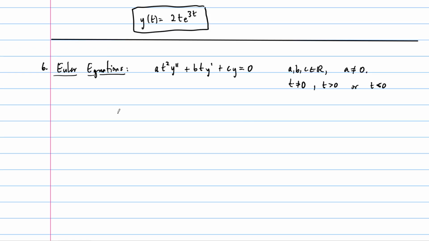All right, so let's look at these a little closer. One thing that we can do is make a guess of the solution, very similar to how we did this for the constant coefficient equations. We can guess that our solution is going to be of the form y equals t to the power r. Then take the derivatives and plug in. So it's very similar to what we did before. The first derivative is going to be r t to the r minus 1. The second derivative is going to be r times r minus 1 t to the r minus 2.